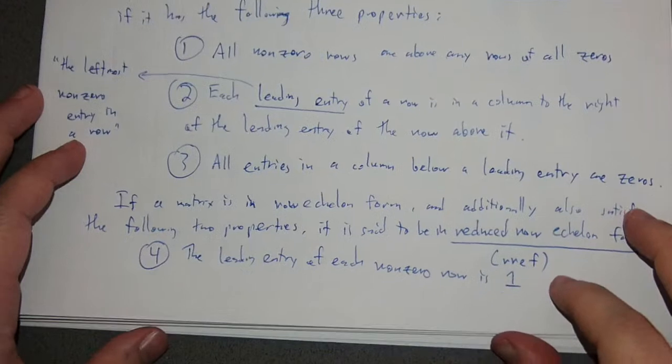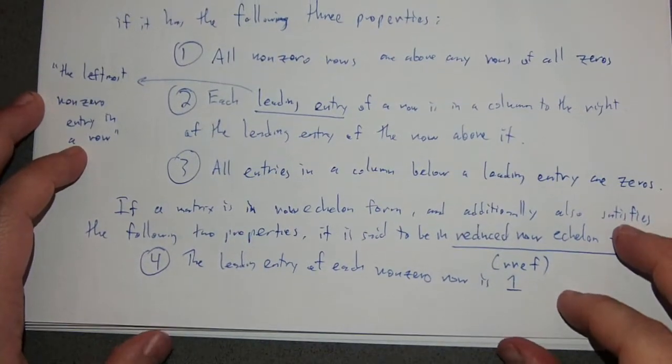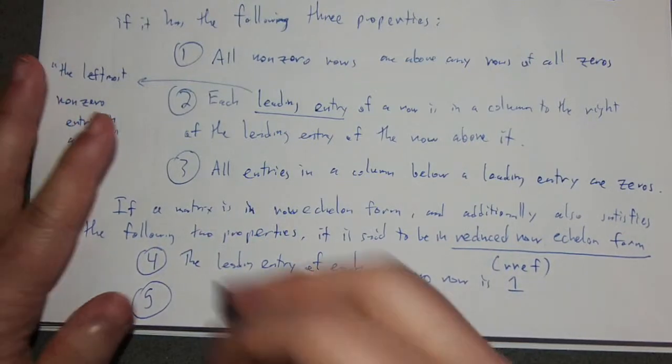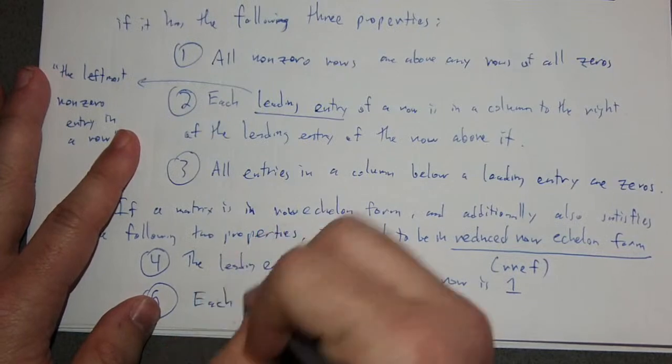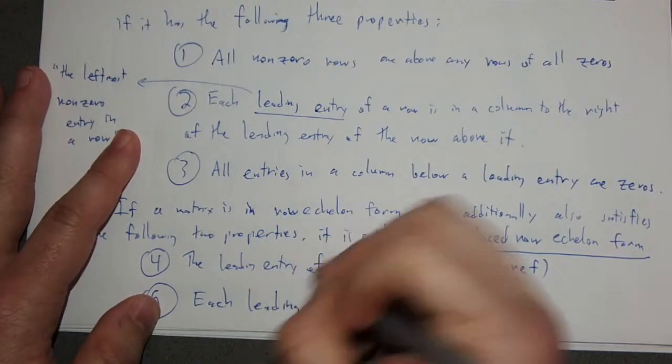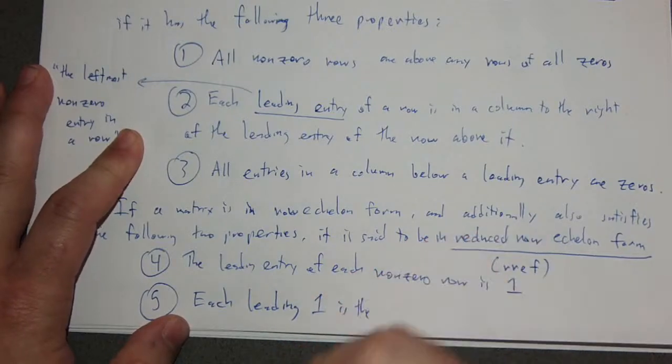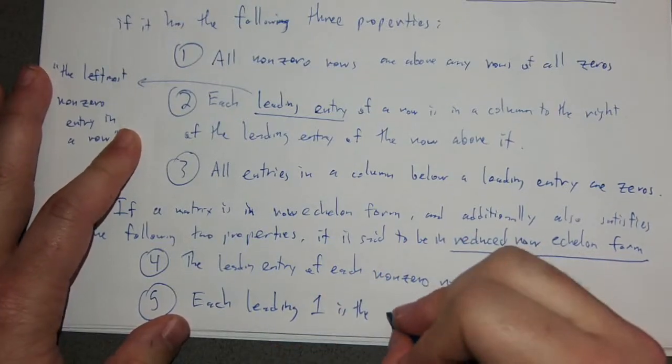Okay, so the leading entry of each non-zero row is 1. And each leading 1 is the only non-zero entry in its column.